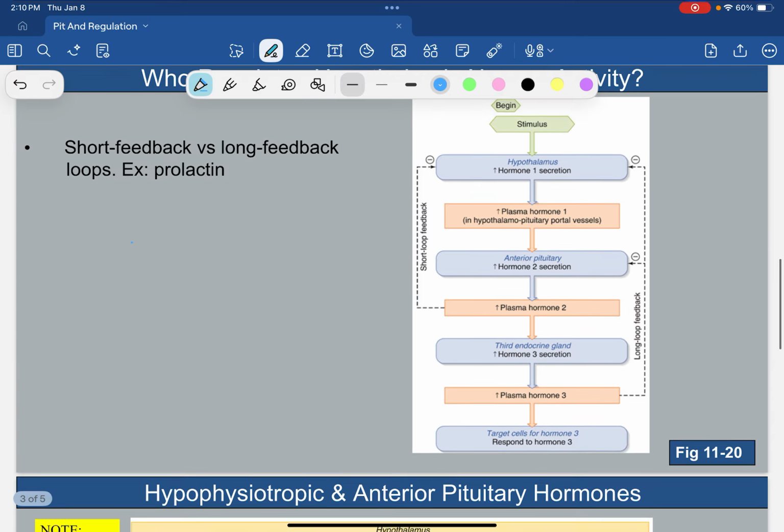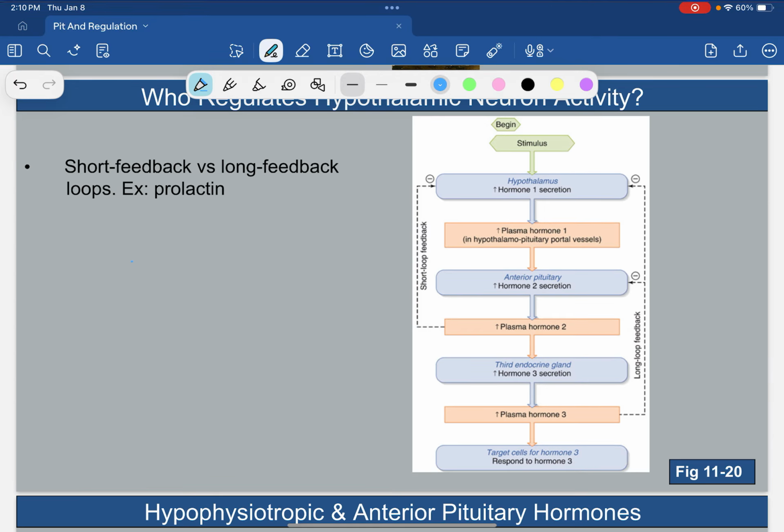As we move down here, this is a good slide to show short loop versus long loop feedback. Our short loop is when there's basically one cell in the middle, and our long loop is two cells.